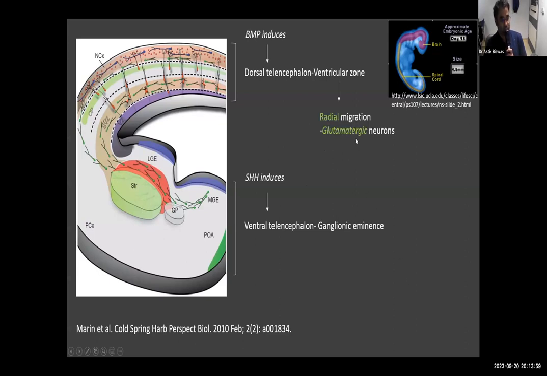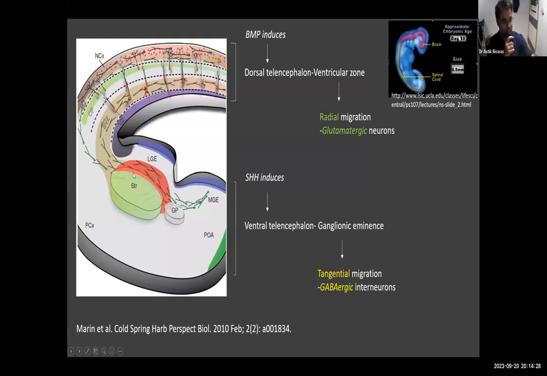So the glutamatergic neurons, which form the majority, that is about 90% of the cortical neurons, they proliferate here in the ventricular zone. And they migrate in what is known as radial migration. And it is known as radial migration because it's at 90 degrees to the surface. At the ganglionic eminence is where the inhibitory neurons, that is GABAergic interneurons, proliferate.